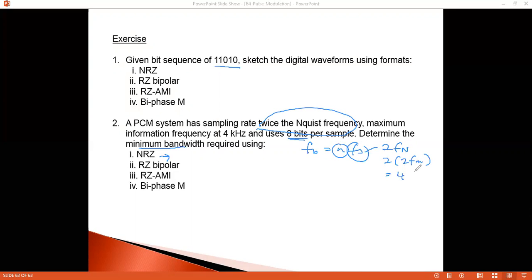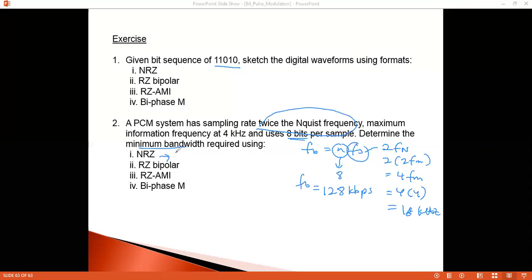So FS is then 4Fm. Maximum frequency 4 kilohertz, so 4 times 4 is 16 kilohertz. And then N is equal to 8. So we get the value of our FB, 16 times 8, which is 128 kilobit per second.